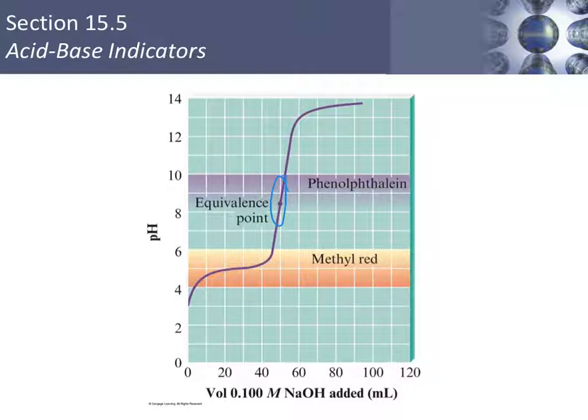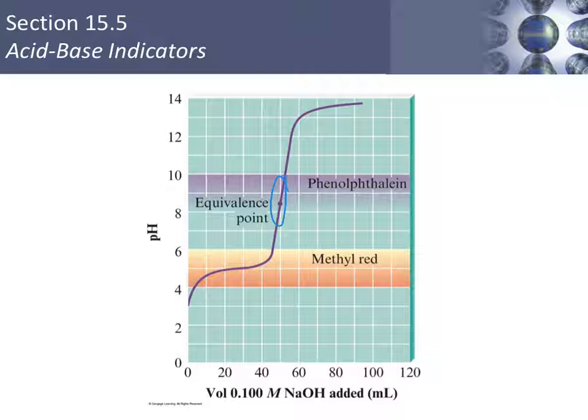We have to choose an indicator where the useful pH range has a midpoint as close as possible to the pH of the equivalence point. This equivalence point appears to be around a pH of 8.7. So a good indicator choice would maybe be something like phenolphthalein that has a useful pH range between 8 and 10.